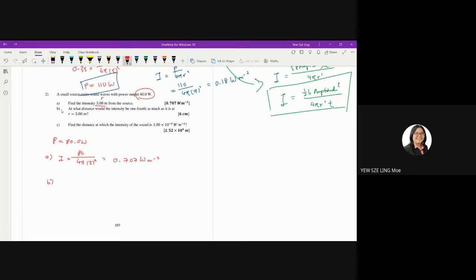Now, you have a second scenario, a second case where I2 equals 1/4 I1. It's asking for the distance. So what are you going to do? Now you calculate I2. So I2 equals 1/4 times 0.707.